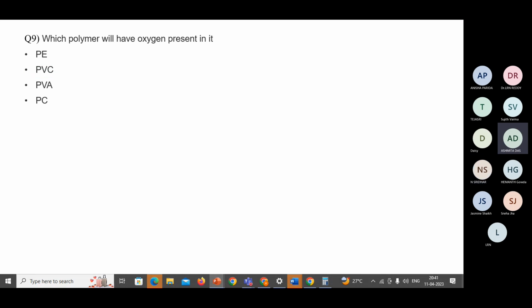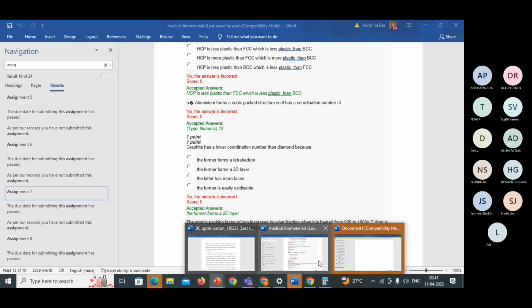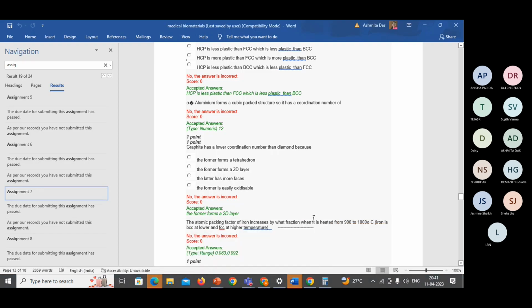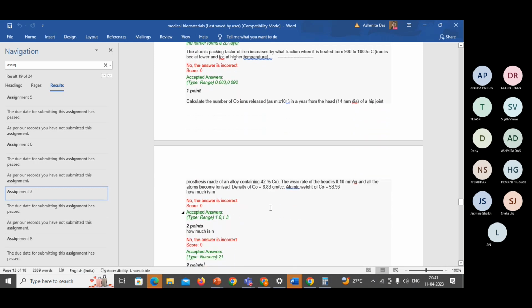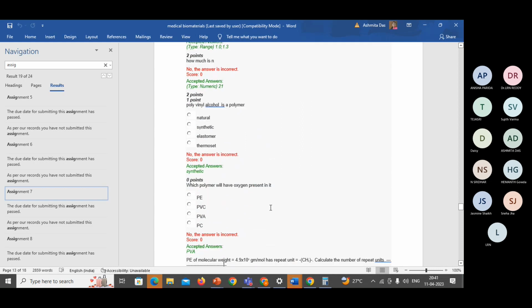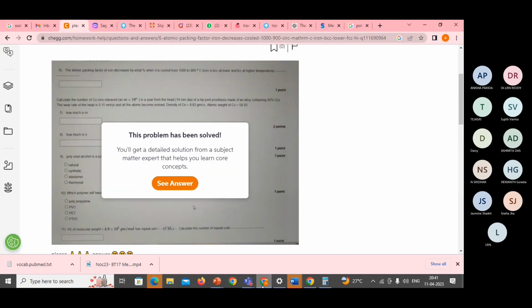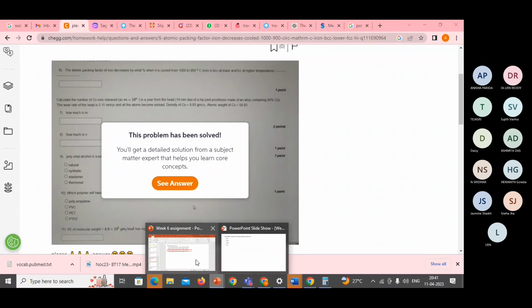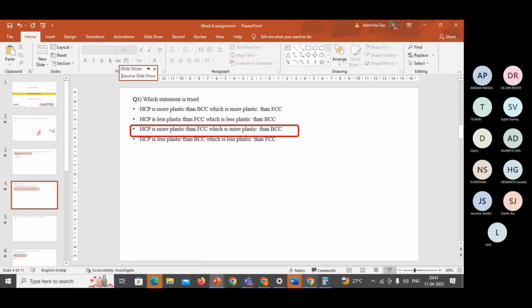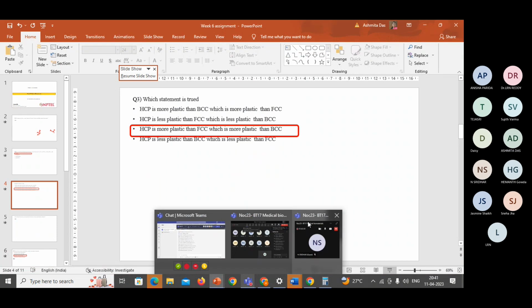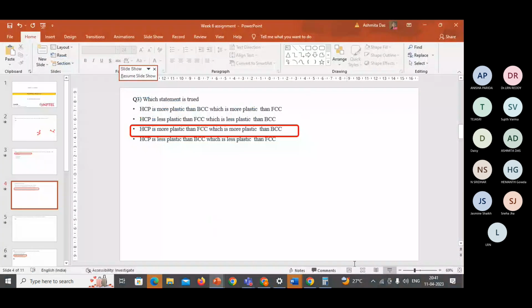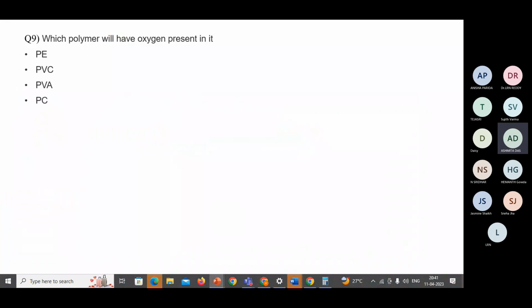Which polymer will have oxygen present in it? What will be the correct answer?